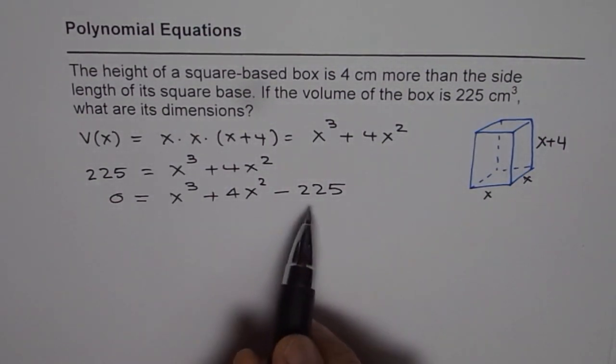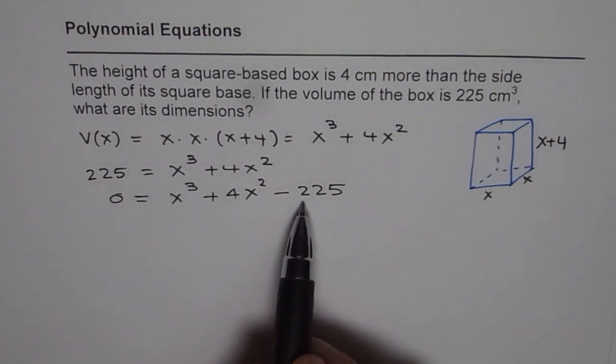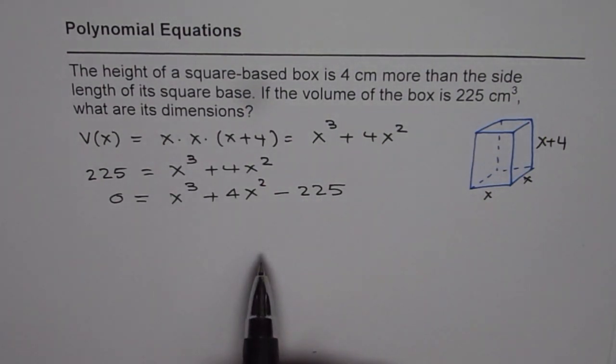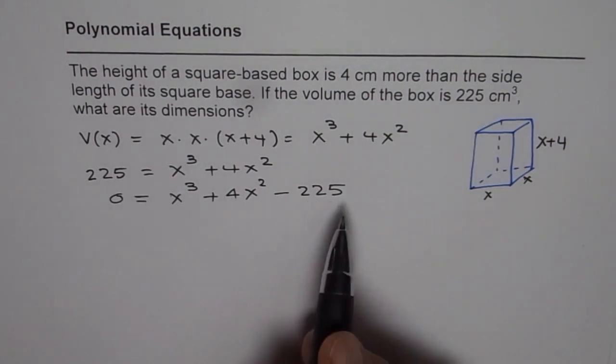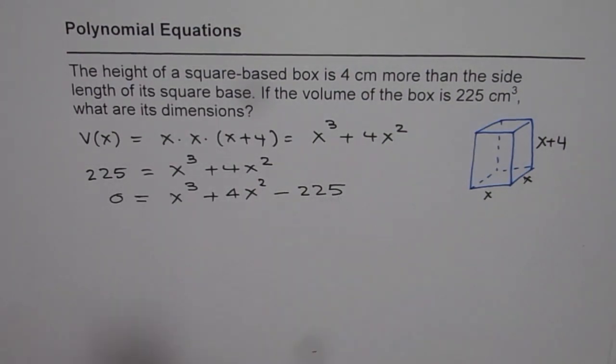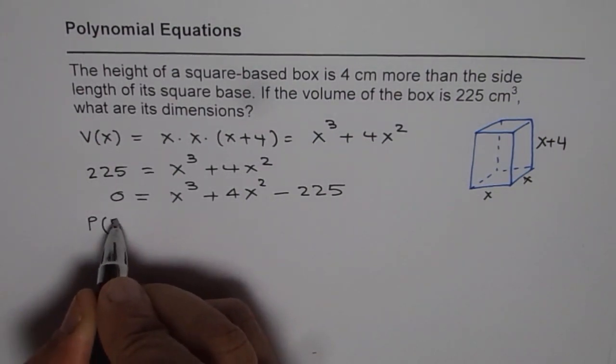Now to find the zeros for this polynomial, we should try values which are factors of 225. Now a good value to try is 5, right? So let us call this a polynomial. So for this polynomial, we'll try the value 5.